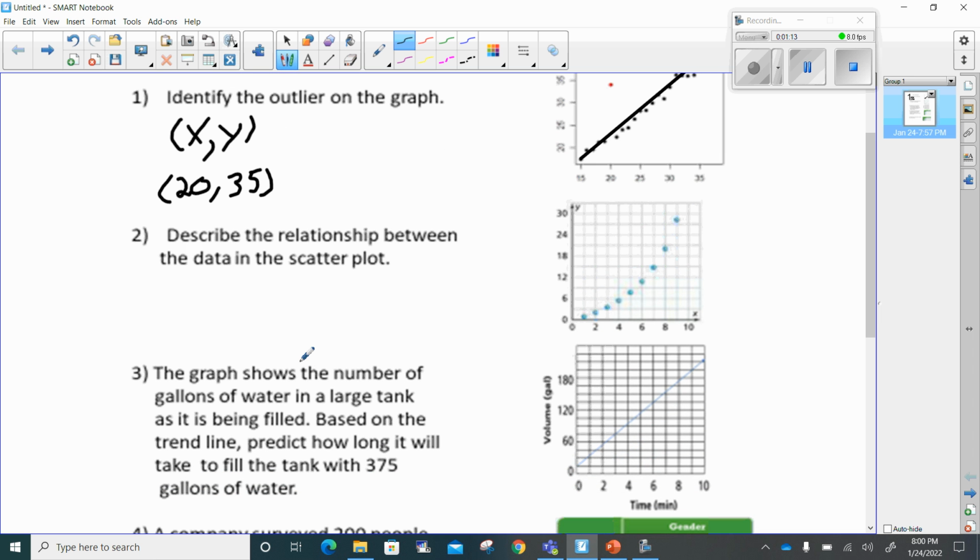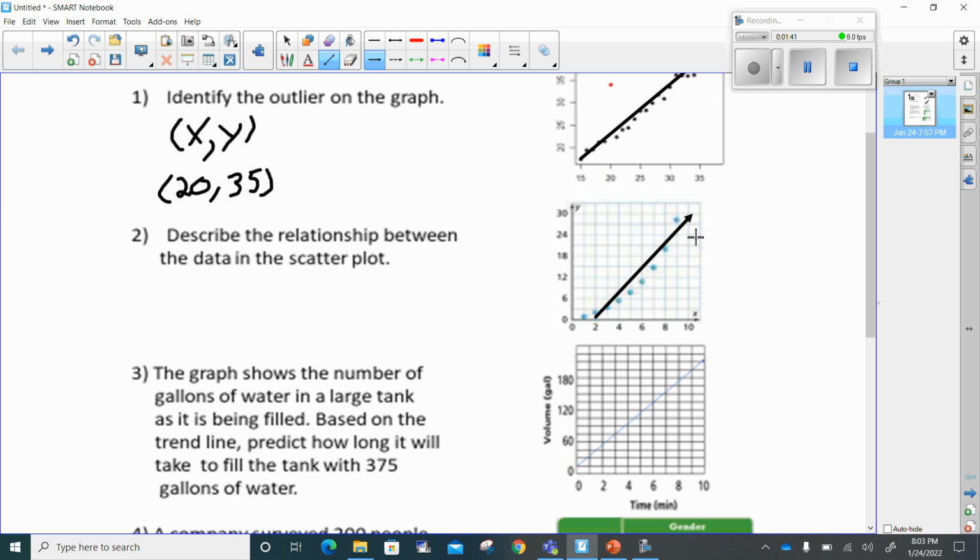Okay, number 2. Number 2 says, describe the relationship between the data and the scatter plot. If we were to try to draw a trend line through here, we'd realize that it's pretty much impossible, because the data is curved.